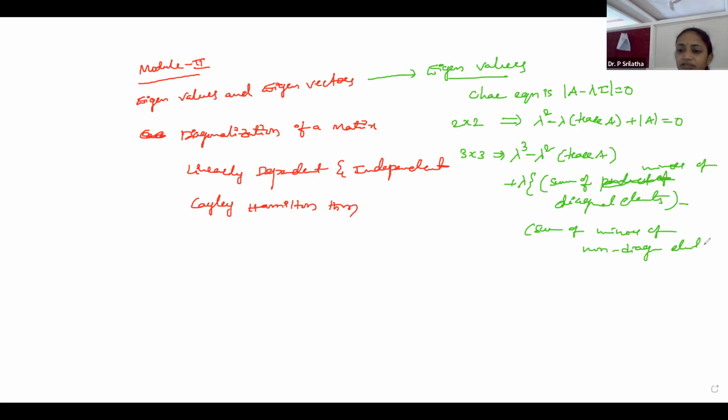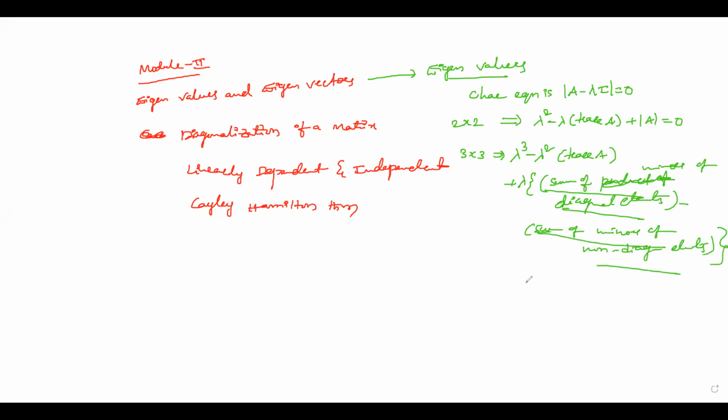So this total one is corresponding to lambda only. Okay, so minus det A is equal to 0.